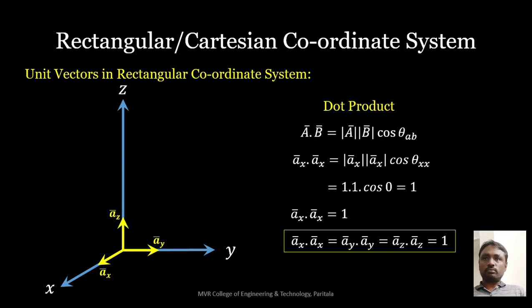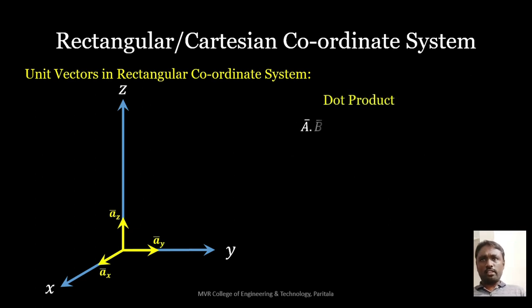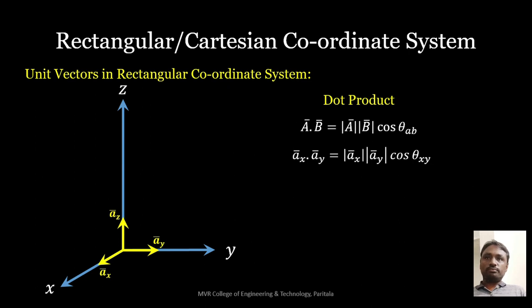Next, you can make different vectors. Let us take the same formula. Now I can take ax dot ay. Again the same unit vectors, so 1 into 1 into cos of the angle between x and y. What is the angle between x and y? 90 degrees, and cos 90 is 0. So 0 into anything is 0.